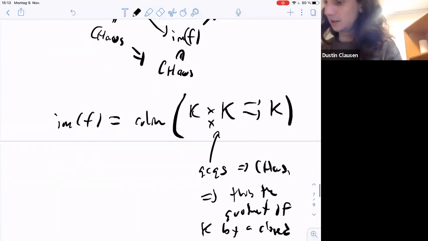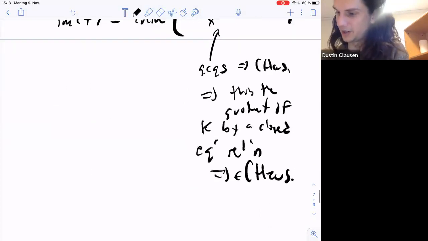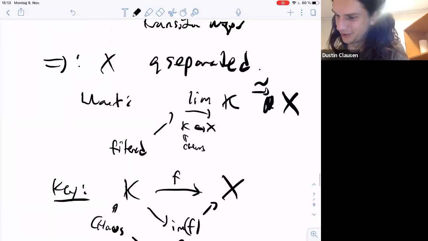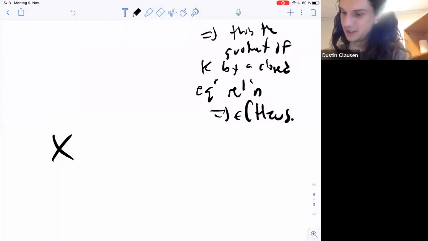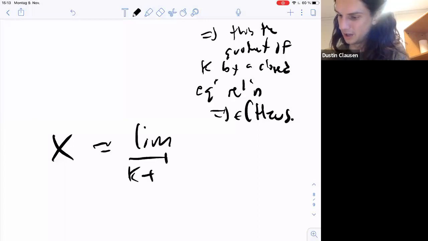So let me try again with this colimit here. We have tautologically that since the compact Hausdorff spaces are a defining site, this is the colimit over all compact Hausdorff spaces mapping to X, not necessarily injectively.